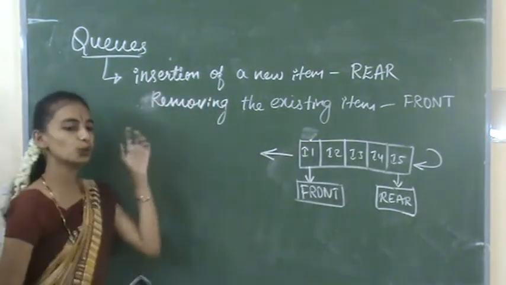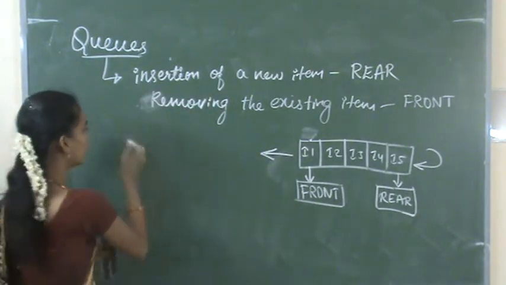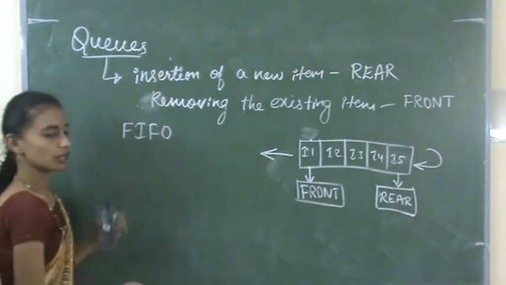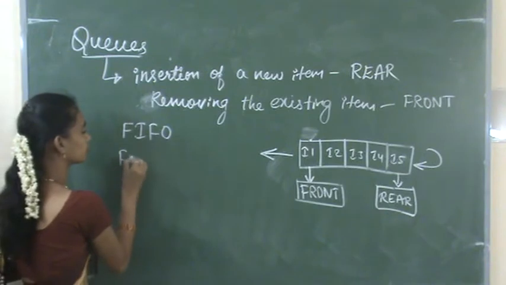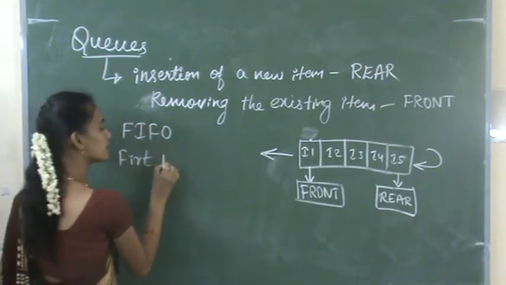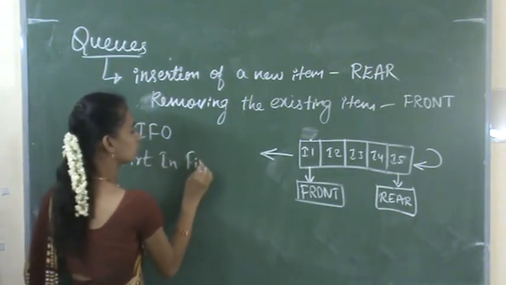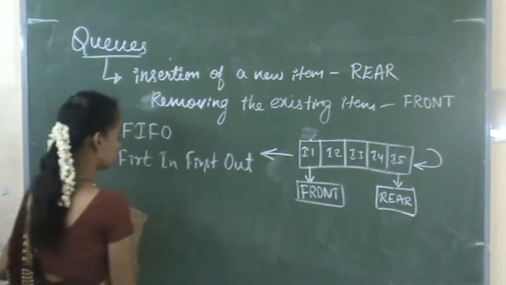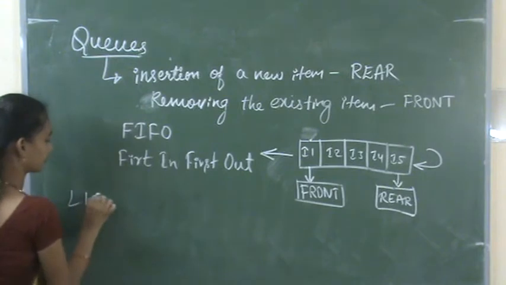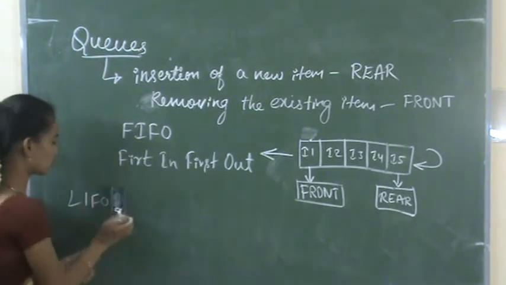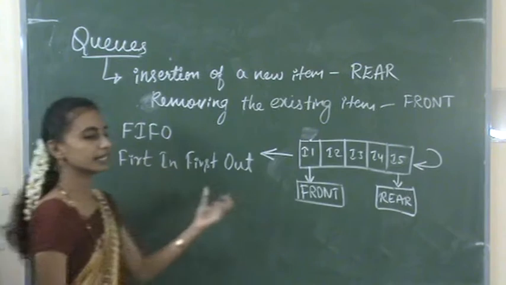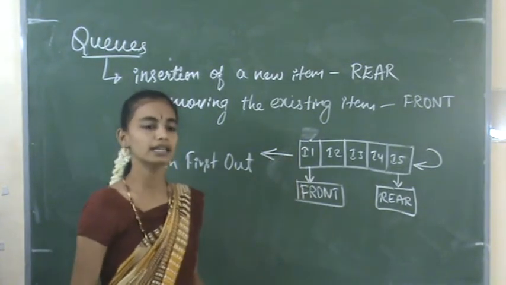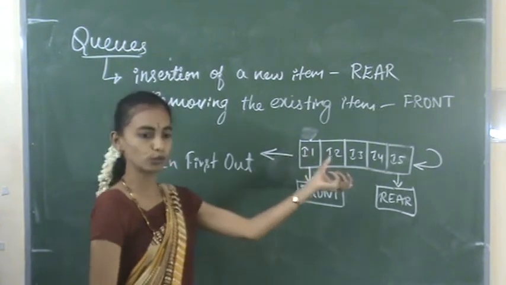So this queue has the property of FIFO, which means first in, first out. Stack is LIFO, last in, first out. In stack, the most recently inserted element is removed first.